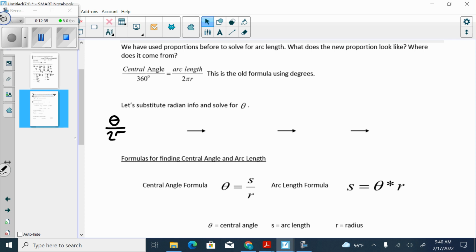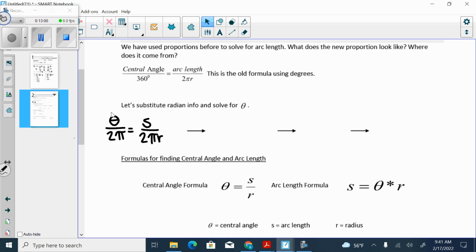Good. Should be equal to your arc length or your sector area, whatever the formula is. In this case, we are doing arc length. I'm just going to call it S up here in the top. Over the entire circle, which is still 2 pi r. Okay?